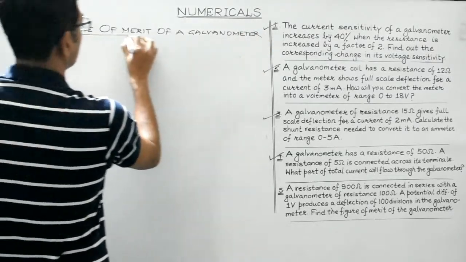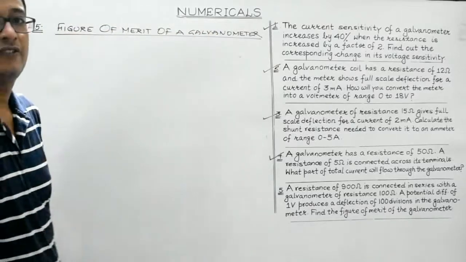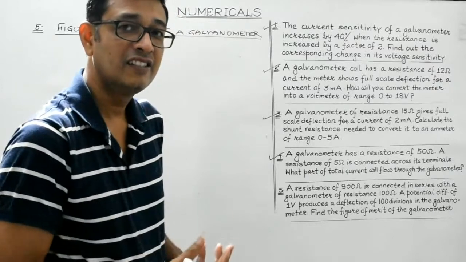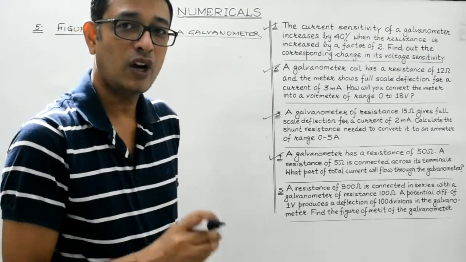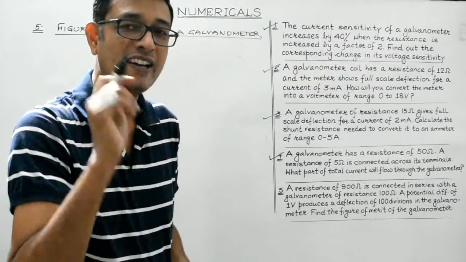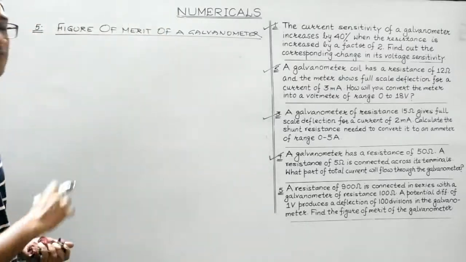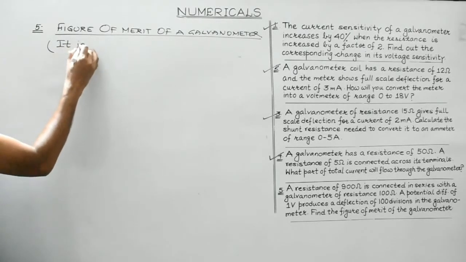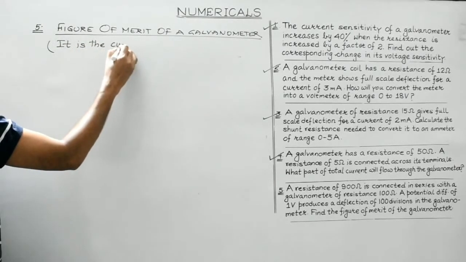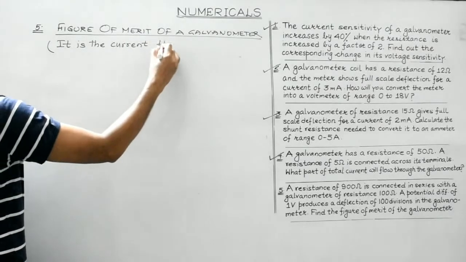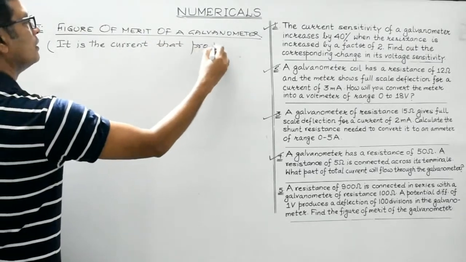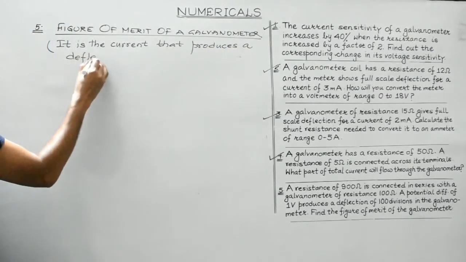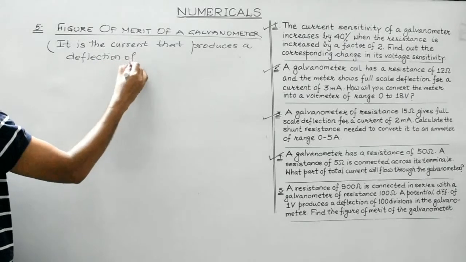Actually, the current which is required to produce a deflection of 1 degree is known as the figure of merit of the galvanometer.